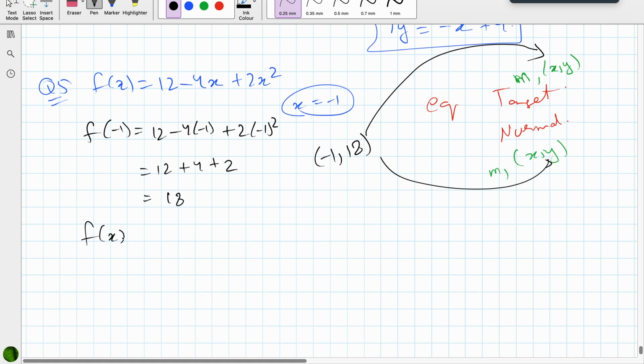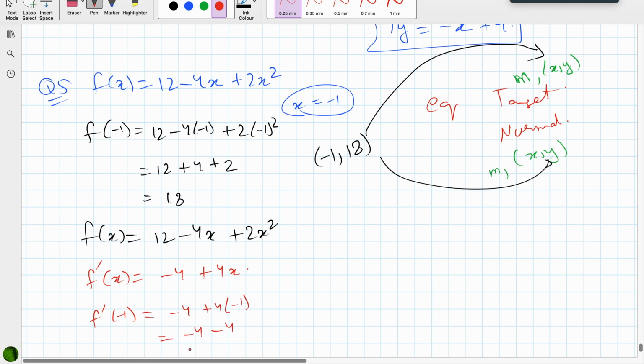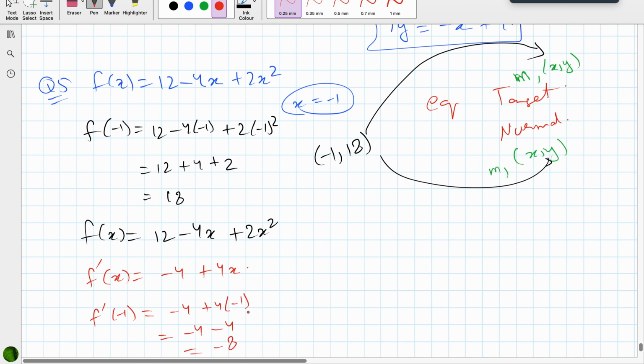We know the coordinate, and now we'll find the gradients. F of x is given as 12 minus 4x plus 2x squared. F dash x will be, the constant goes away, minus 4 plus 4x. At x equals minus 1, the gradient will be minus 4 minus 4, minus 8. The gradient will be minus 8.